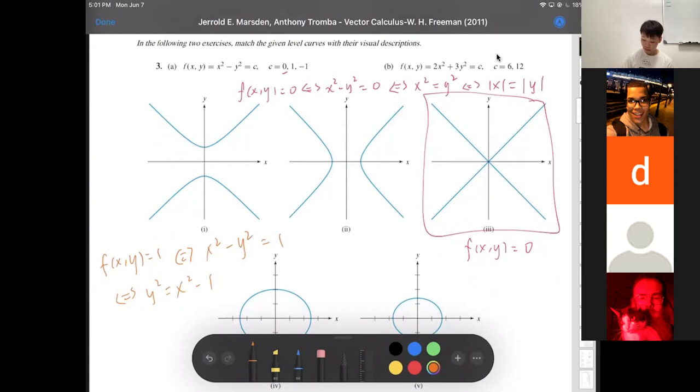Because y squared has to be a non-negative number, that means that when x is from 0 to 1, inclusive, x squared minus 1 is less than or equal to 0.